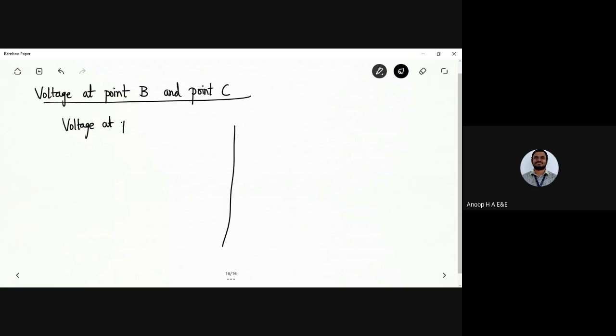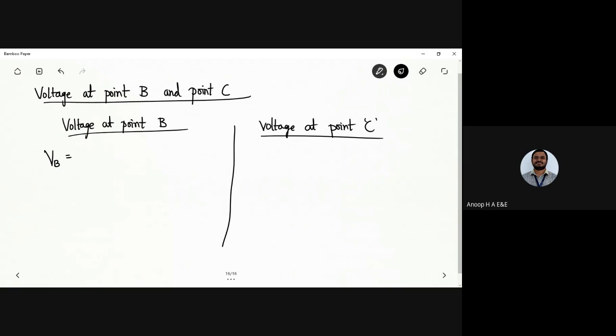You make an attempt to solve this. First, the voltage at point B.